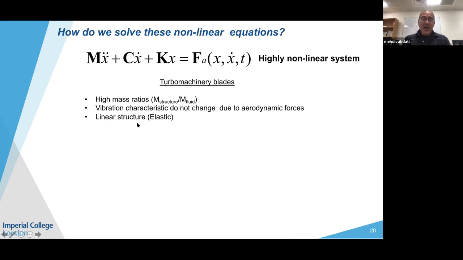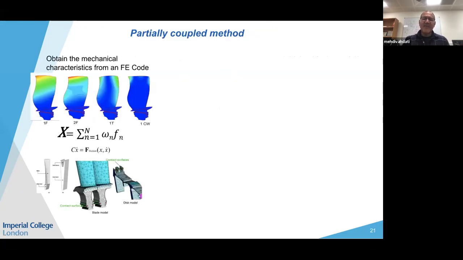And the structure remains linear, i.e. the structure can become non-linear, but by the time it does, you are not really interested. So these are the good things about components of turbomachinery. The way we then solve them, we use something called partially coupled.